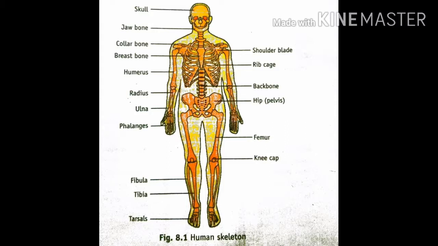Children have more bones. Do you know one thing? When you were born, there were 300 bones in your body. Slowly, some of the bones fuse together.